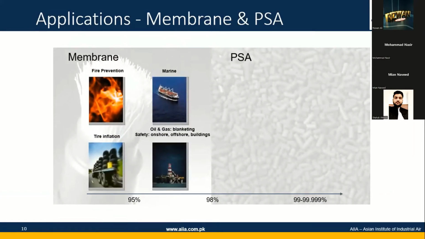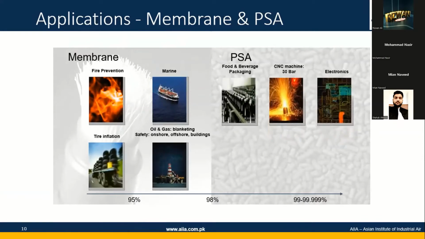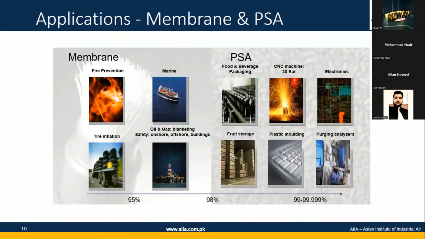Now, I want to share with you that the latest technologies are the membrane technology and the PSA technology. According to your purity requirement needs, you select the method of producing it, right?